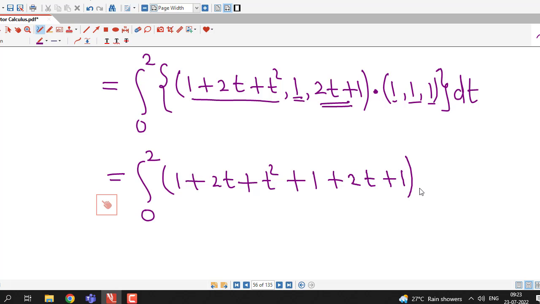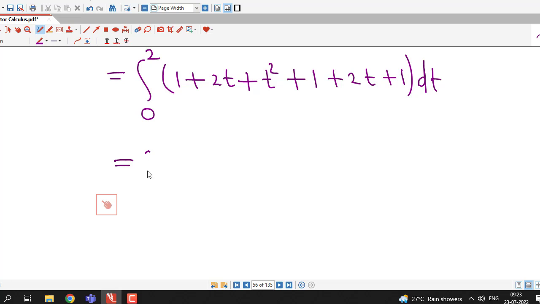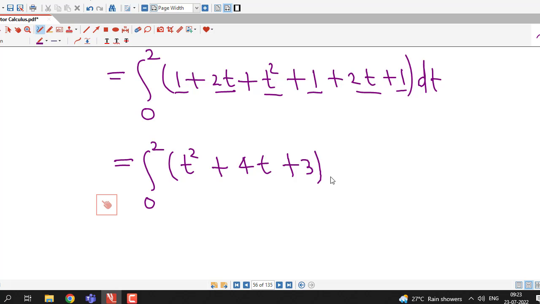So we have 2t plus 1, integral with respect to t. First we rewrite all these powers of t. The highest power is t square, then 2t plus 2t is 4t, and the constant terms are 1 plus 1 is 2, plus 1 is 3.